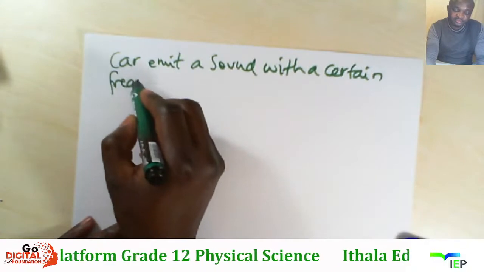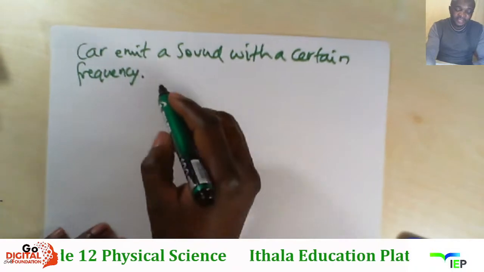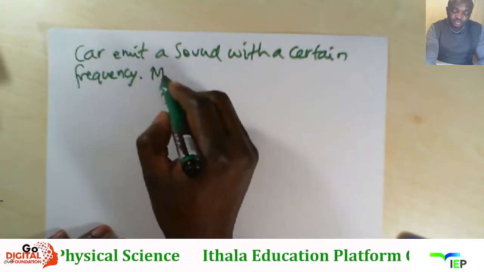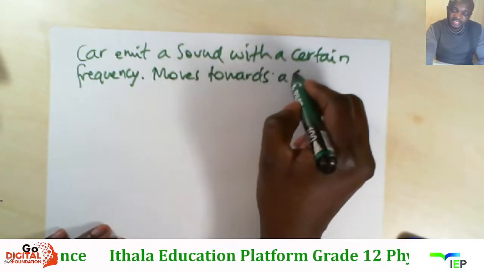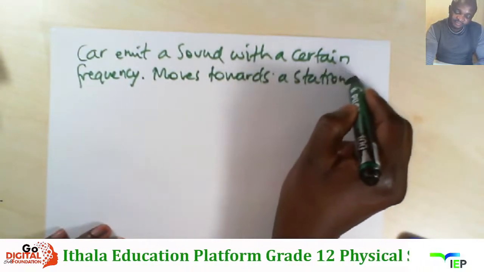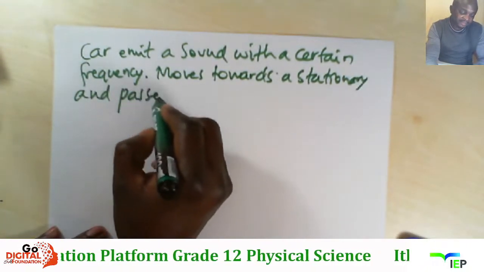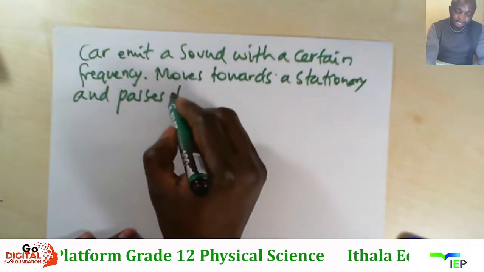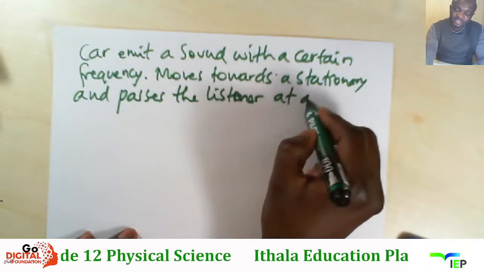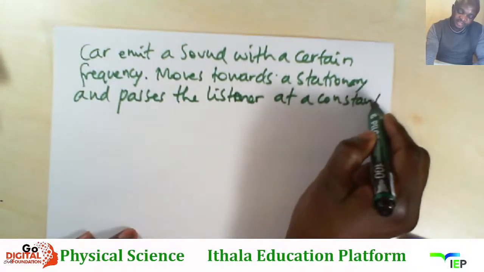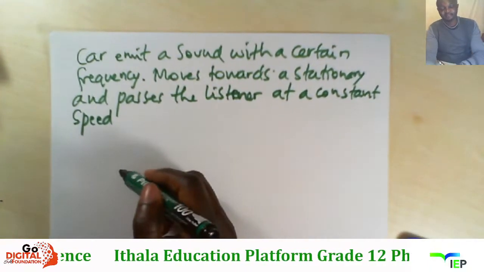A car emits a sound with a certain frequency, which you don't know, a certain frequency, and moves toward a stationary listener and passes the listener at a constant speed, right?